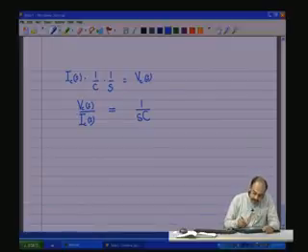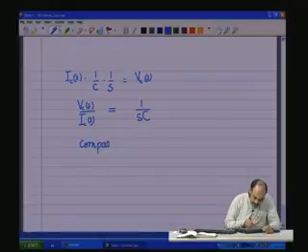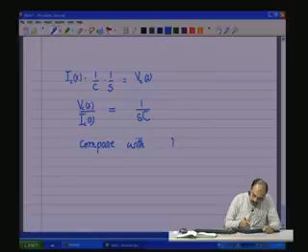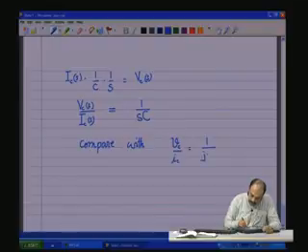Compare this with Vc by Ic as functions of time, which were equal to 1/j omega C.